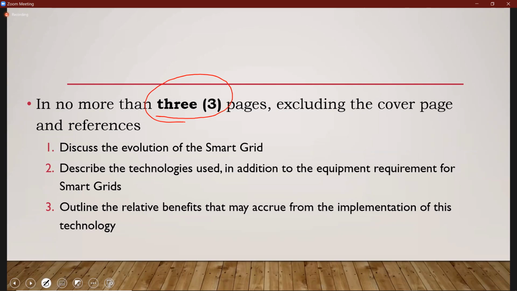If you give me 4 pages, I'm reading the first 3. And whatever information is contained in those first 3, that is what I'm going to run with. And of course, you are expected to put all your diagrams, etc., in those 3 pages. Okay?